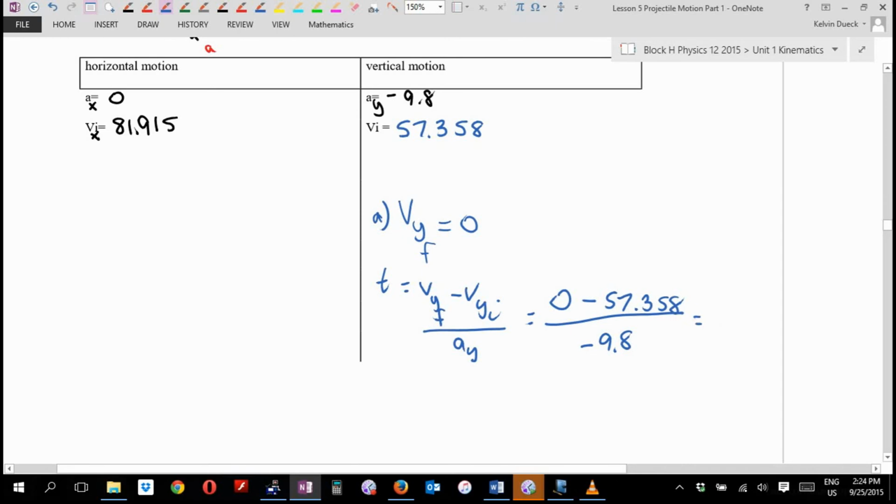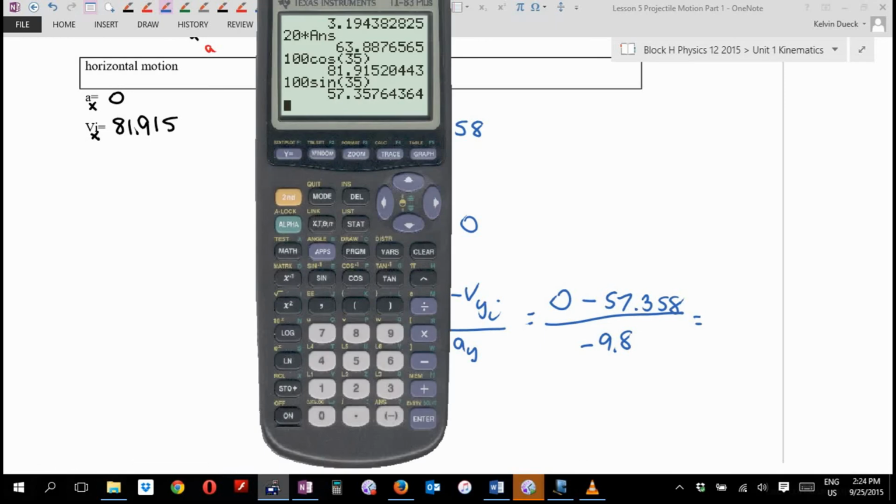How long to get to the top? Oh, hey, I have this number still here. I'm going to go 0 minus, answer button. Hopefully I've gone on a rant about the usefulness of getting a good calculator. Divided by. So 5.85?